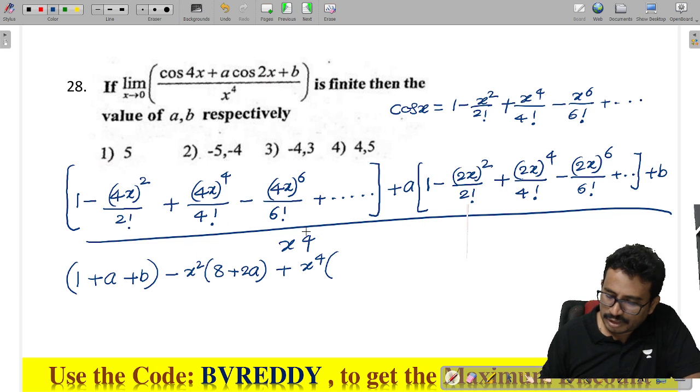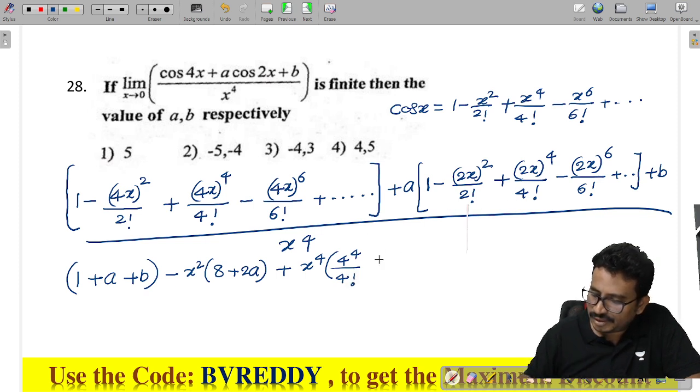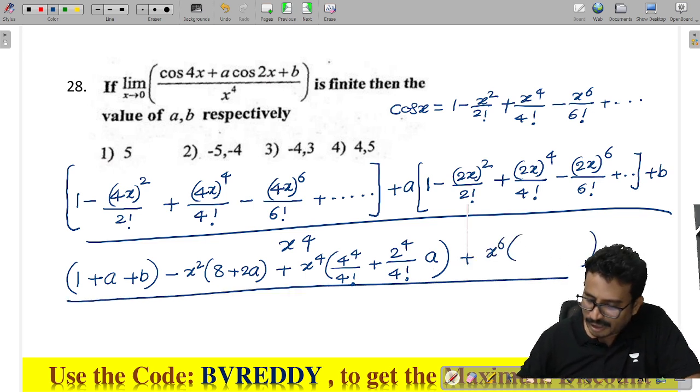Here what will we get now, 4 power 4 by 4 factorial. Next here plus 2 power 4 by 4 factorial into a. That's all. Thereafter we'll get the x power 6 terms. Here by what we have, this is x power 4.